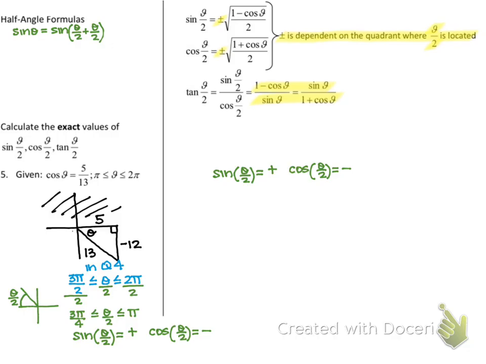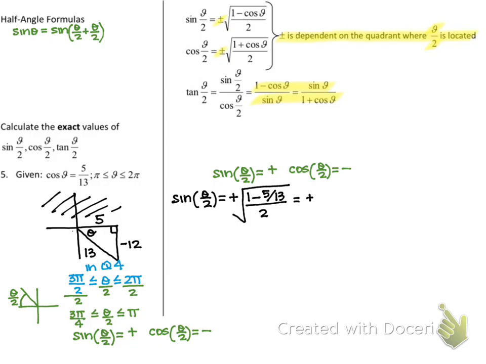Okay, so now let's grab our formulas. So I've got sine of theta over 2 is equal to positive square root of 1 minus the cosine value of theta itself. Well, the cosine value from my theta triangle is 5 over 13, divided by 2.